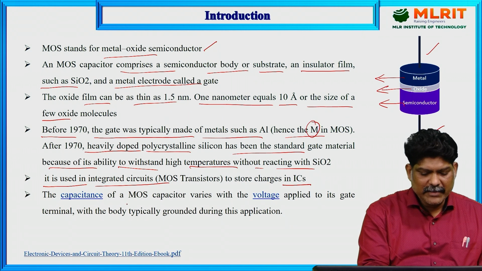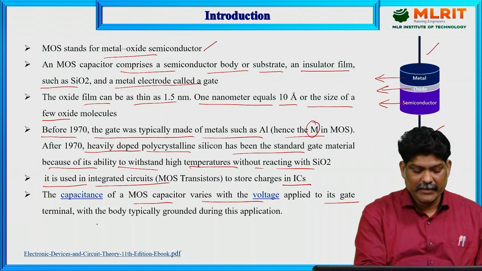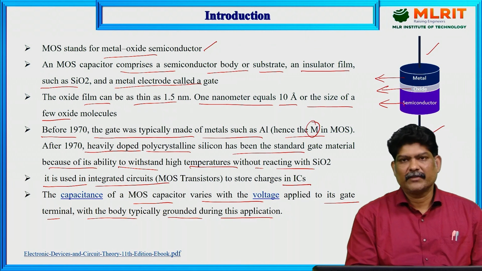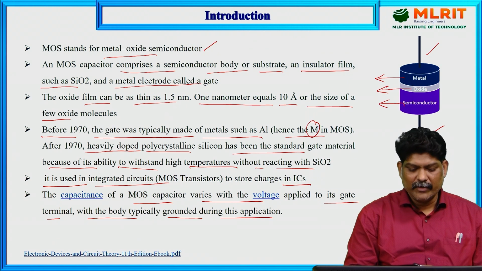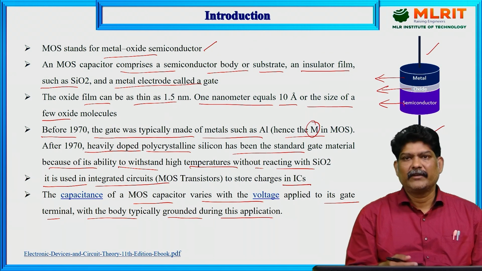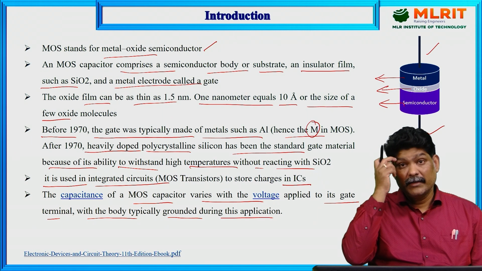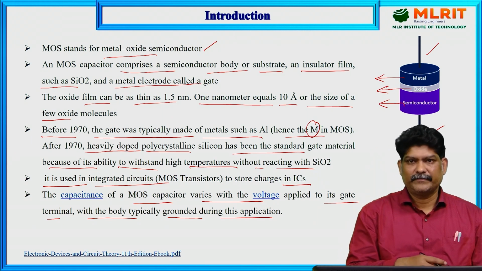The capacitance of MOS capacitor varies with voltage applied to its gate terminal, with the body typically grounded during this application. When voltage is applied across the gate, the capacitance of MOS capacitor can be controlled.